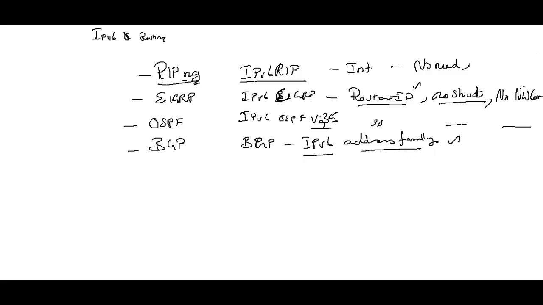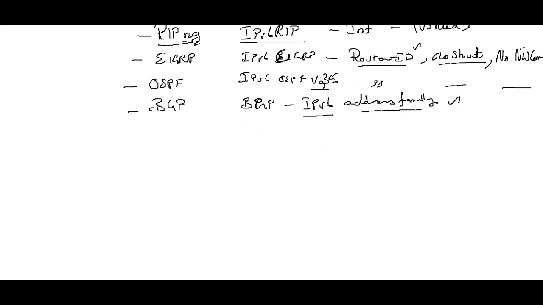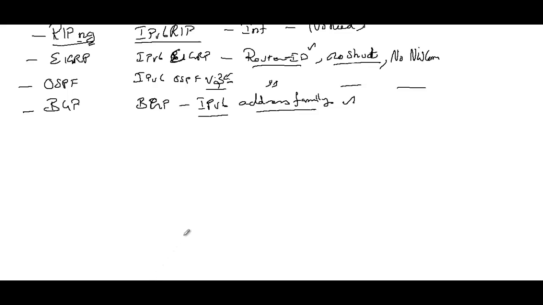I'll take a topology like this. If you want, you can also draw along with me. We'll try to keep the topology simple. Let's take router 1, with some LAN devices. So I'll take router 2 and router 3.